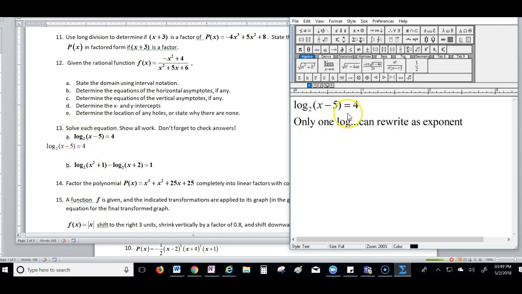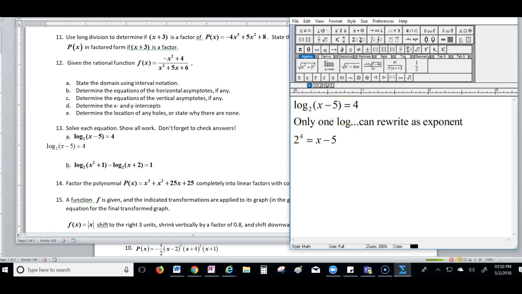This has just one log expression in the equation. So I don't need to combine things because I just have one logarithm. So I can just simply express that as an exponent. If I rewrite this as an exponent, I have base 2 and then exponent 4 equals what's inside the logarithm.